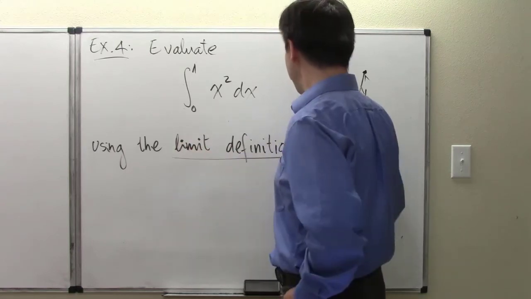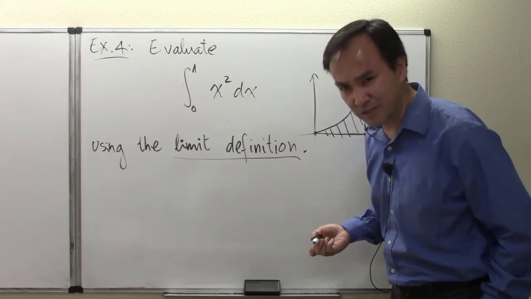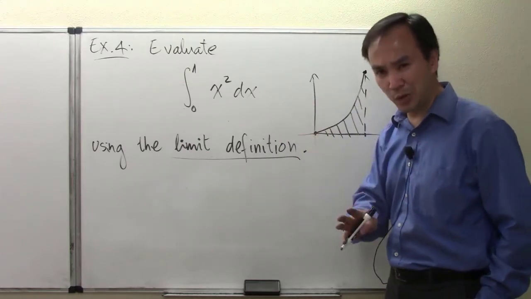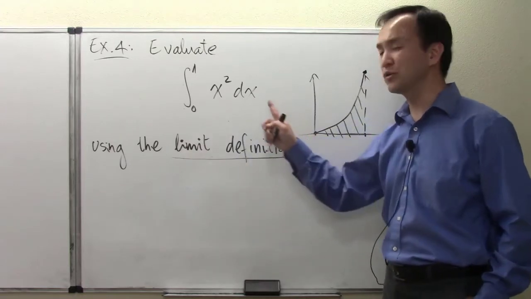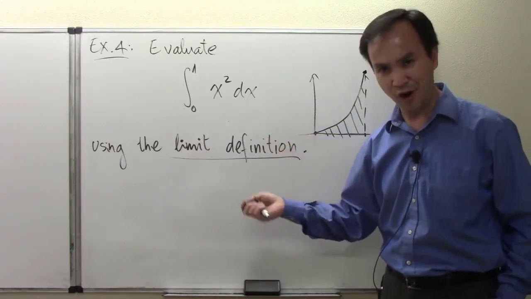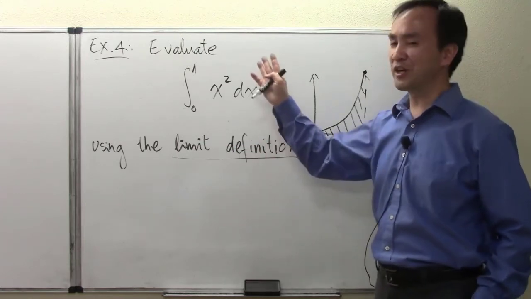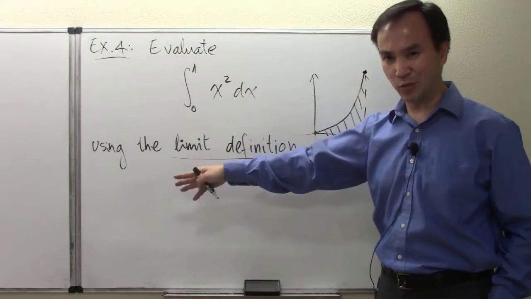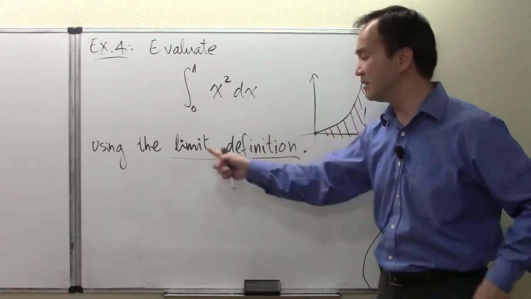Now be careful with the way we use terminology. Back in your differential calculus, there was also a time that we used the name limit definition, because the concept of derivative also uses limits. Now when we go to integral calculus, where we accumulate areas, it is another limit process.